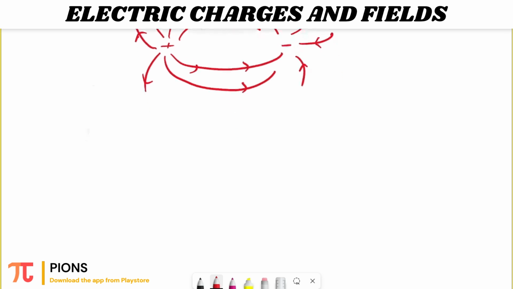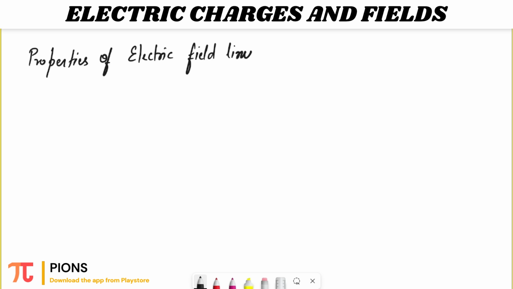Now the most important part for CBSE, they often ask this question: properties of electric field lines. That's very important. Let's see what the different properties of electric field lines are.